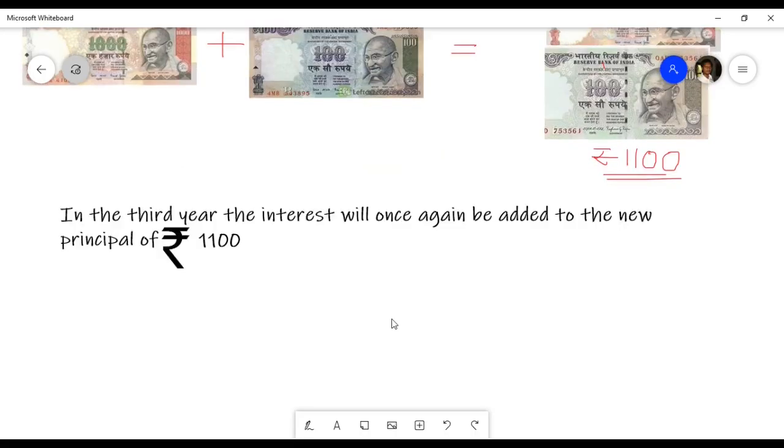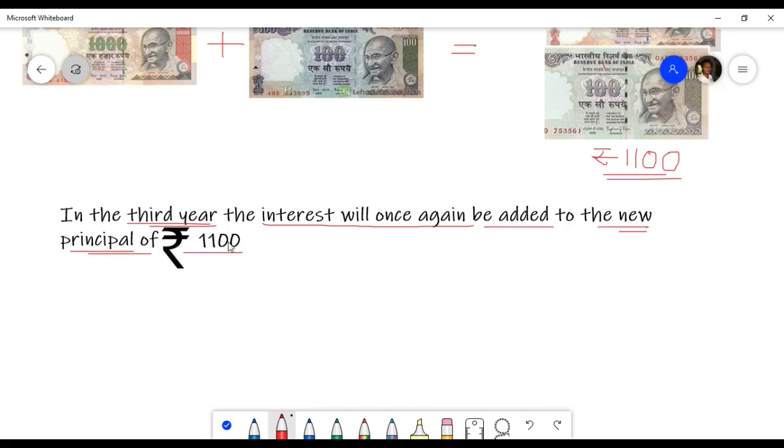Rupees 1100. Now in the third year, the interest will once again be added to the new principal of rupees 1100. This is the new principal, rupees 1100.